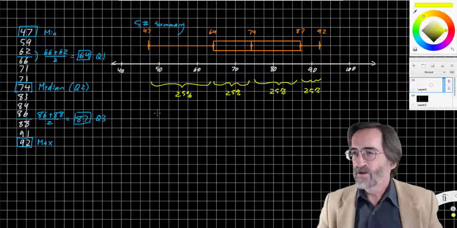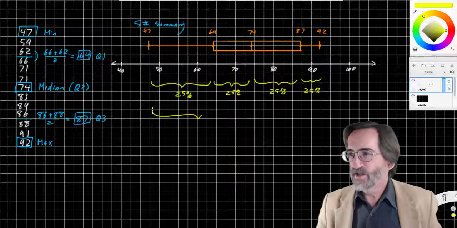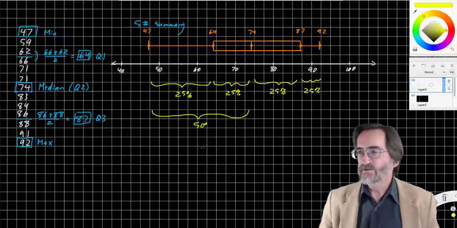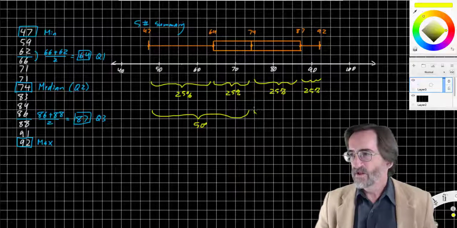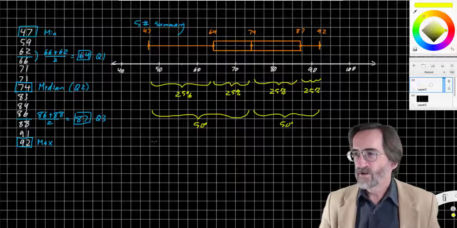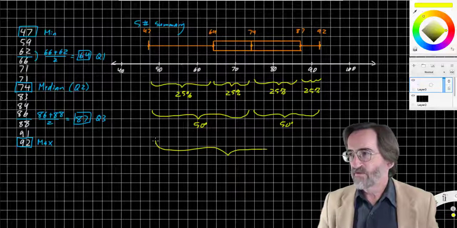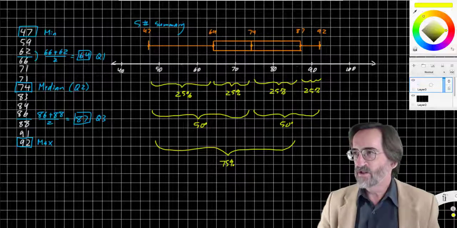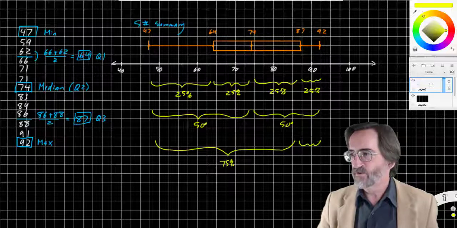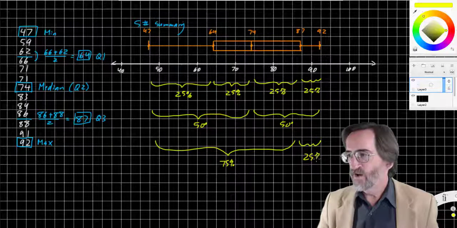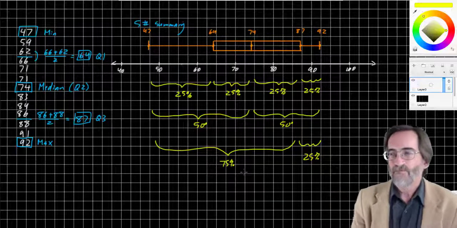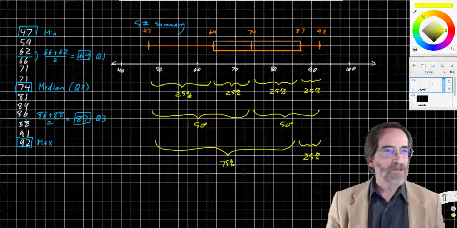That means 50% of the data is to the left of the median, and 50% of the data is to the right of the median. That means 75% of the data is lower than the third quartile, so we could also say the third quartile is the 75th percentile. 25% is above it. All right, so that's how to make a box and whisker plot.